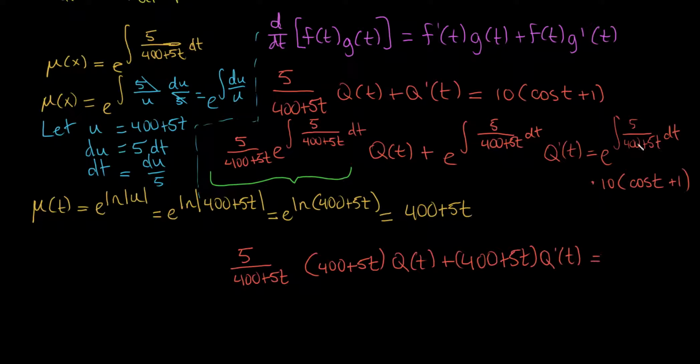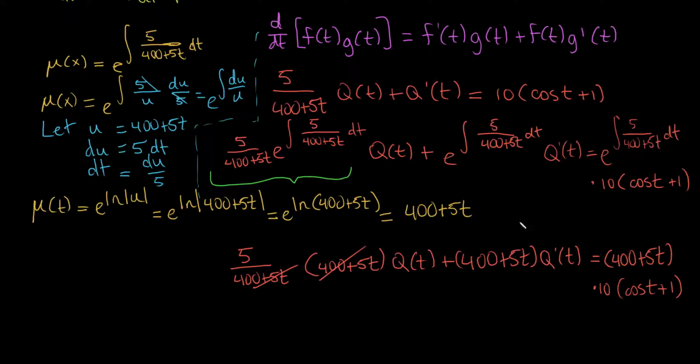And again, now here we have the same thing again, so 400 plus 5t times 10 times the cosine of t plus 1. Whew, long equation. But as we see now, this 400 plus 5t cancels out.